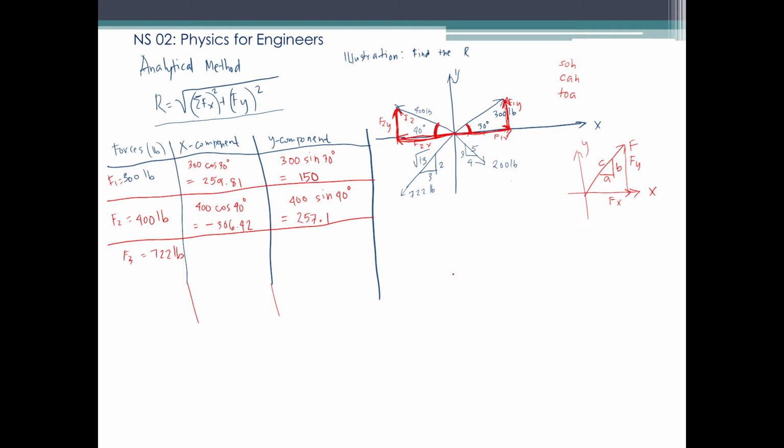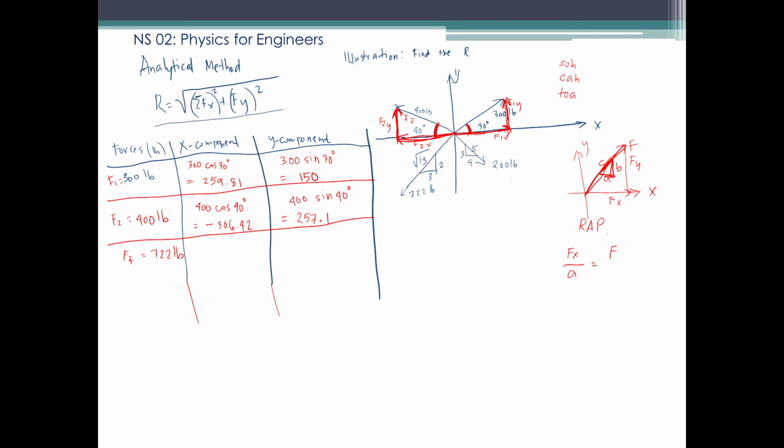Now, for this, we will use the concept of ratio and proportion, class. By ratio and proportion, we have Fx is to a as F is to c. So this is c, this is a, this is b.